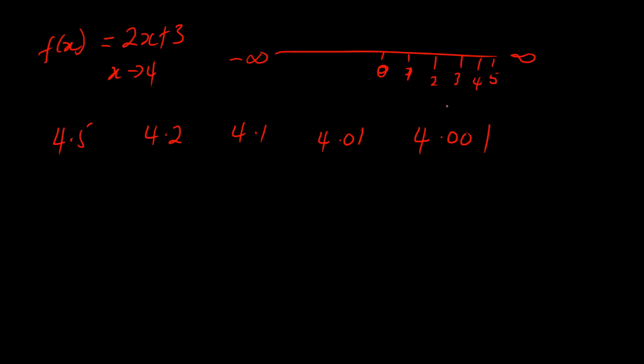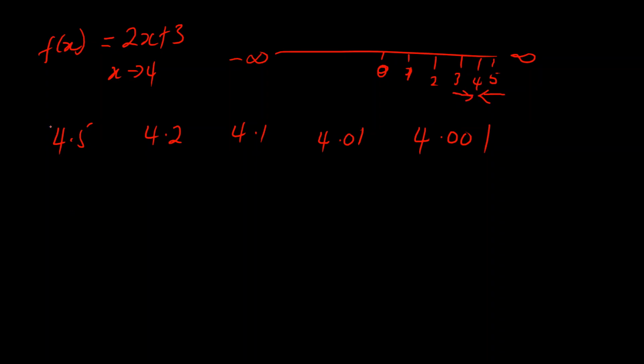So numbers could approach 4 from the left hand side or from the right hand side. In this example, we have taken from the right hand side. We could have picked 3.5, 3.7, 3.9, 3.99. That is from the left hand side of 4.